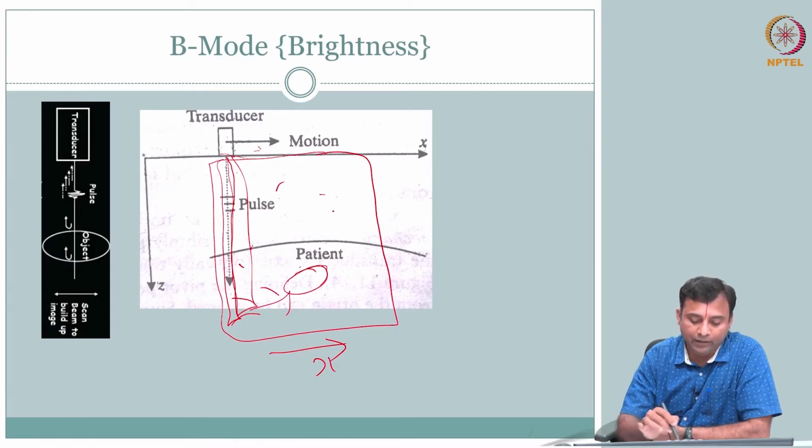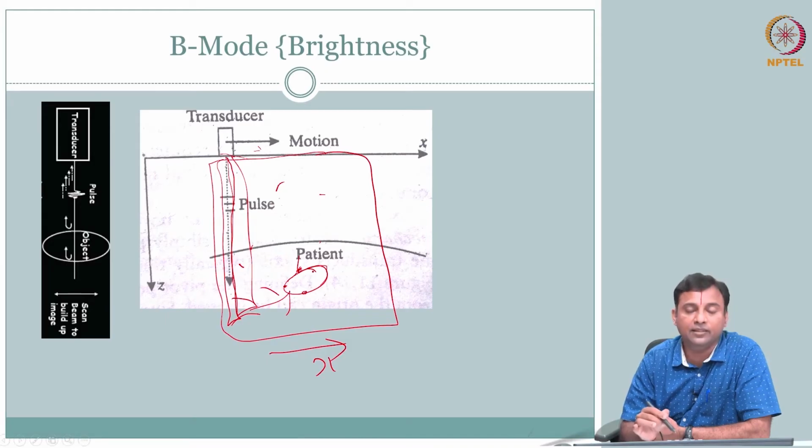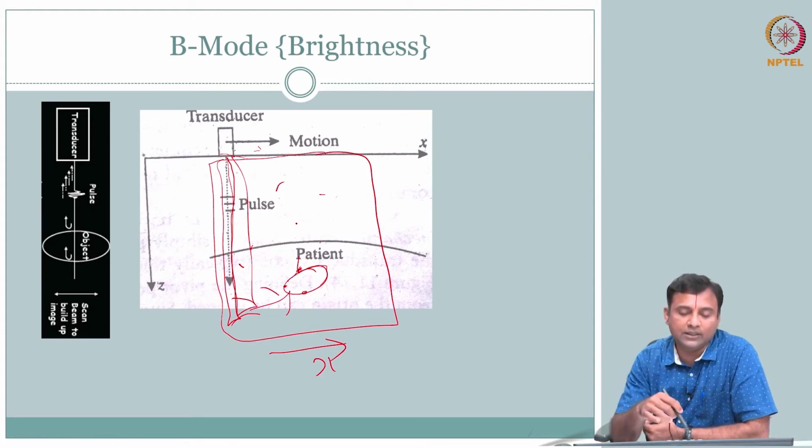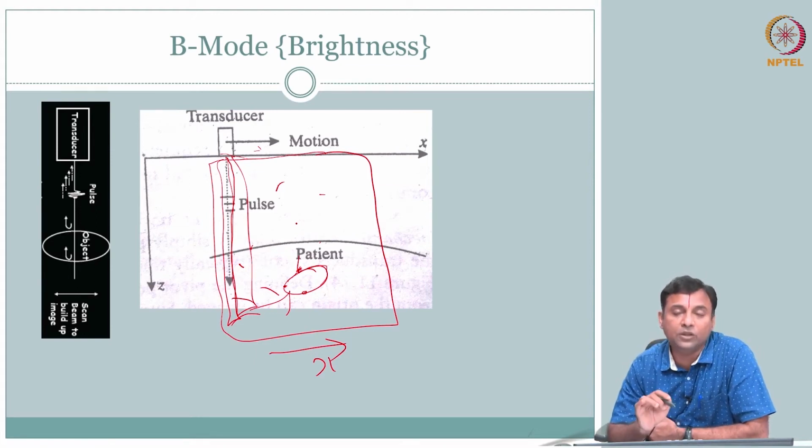There will be scattering, but the interface reflection coefficient will probably be closer here, farther away here, farthest away here. That is how you see the outline of the baby. So wherever there is an interface change or some other organ, this is how imaging is done.